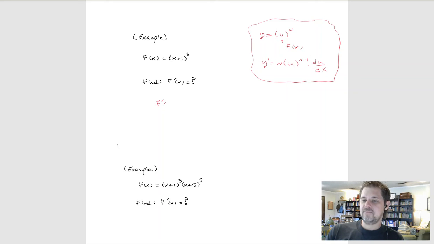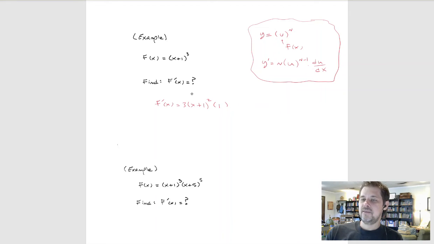Now, f prime is, let's see, bring the power down, 3 times u, which is x plus 1 in this case, subtract 1 from the power, that becomes 2. And then what goes here is du over dx, the derivative in this case of x plus 1, but that would just be 1.